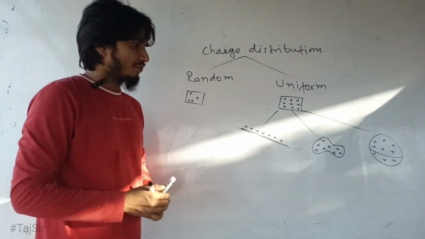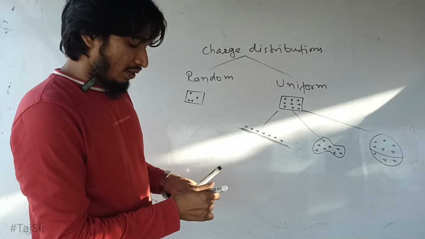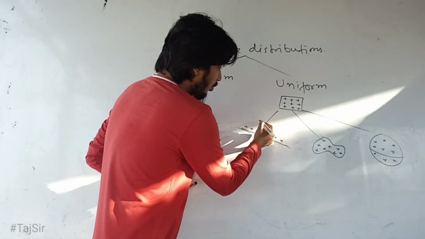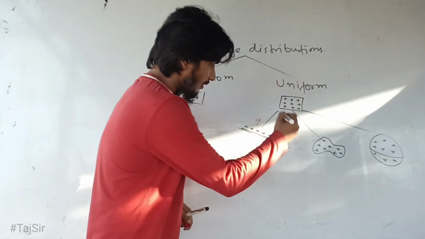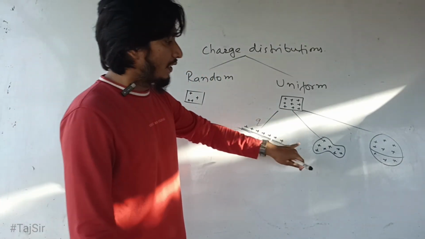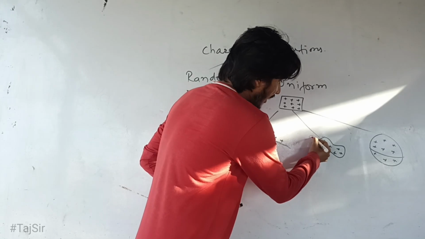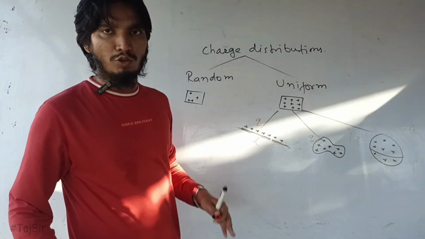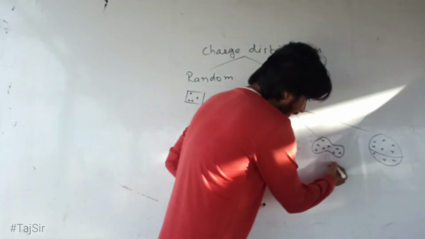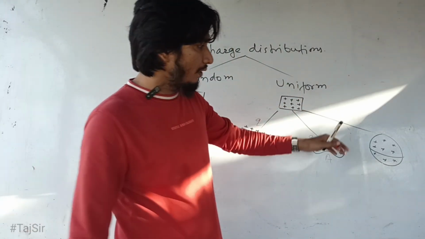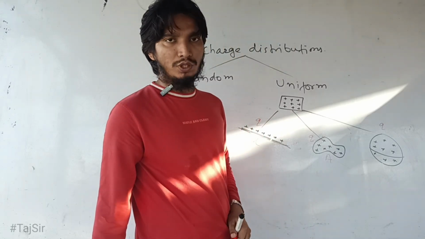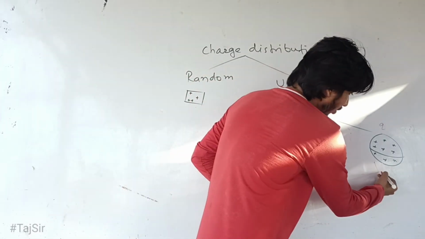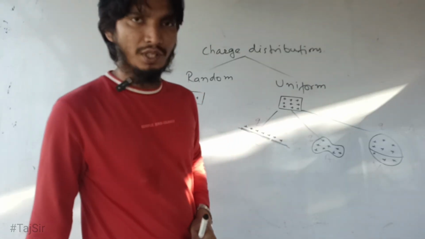In each case, we can assume that charge Q is distributed throughout the length L, and in the second case charge Q is distributed throughout the area A of the surface. And in the third case, charge Q is uniformly distributed throughout the volume V of the sphere or any solid.